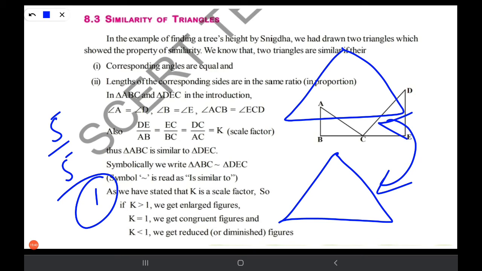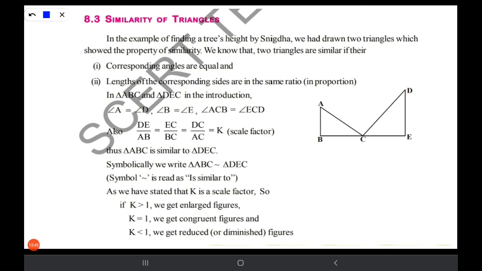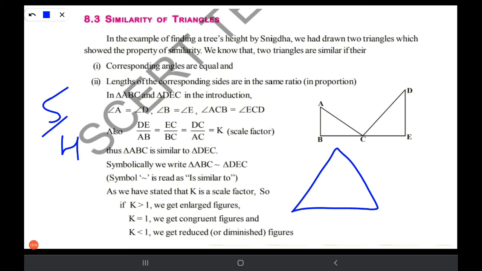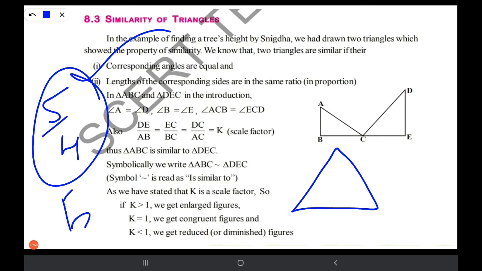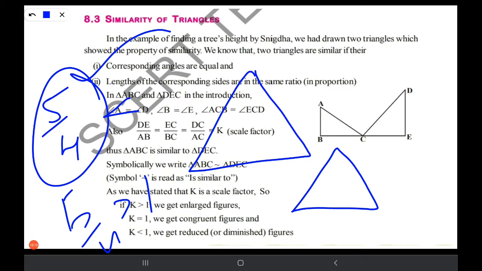Next, if you construct a triangle with scale factor 5 by 4, that is greater than 1, so the similar triangle will definitely be bigger in size. That is the meaning of scale factor.